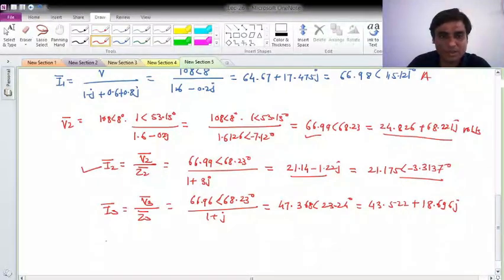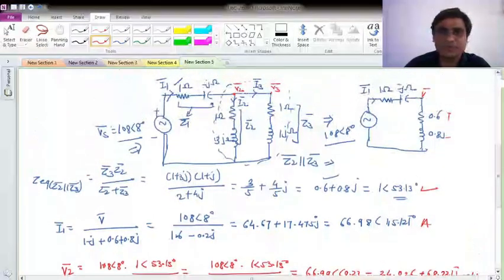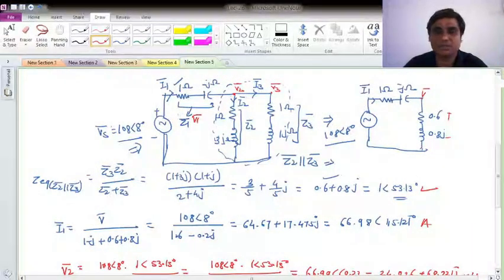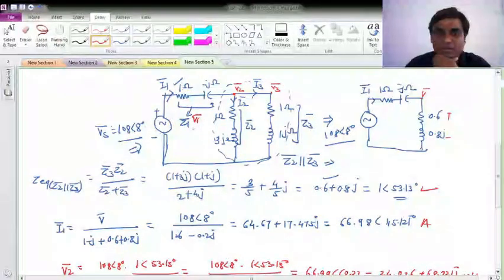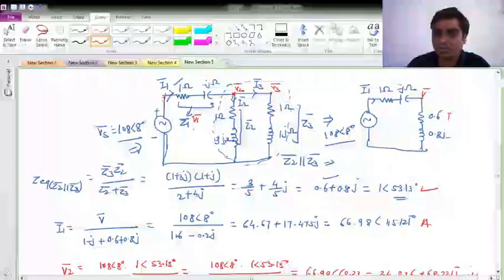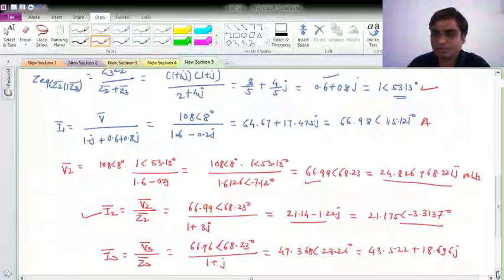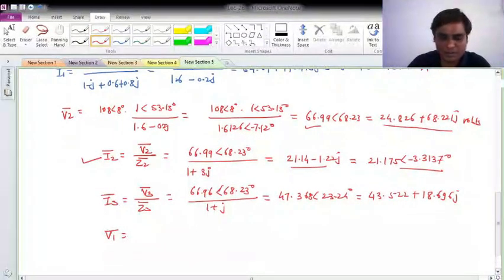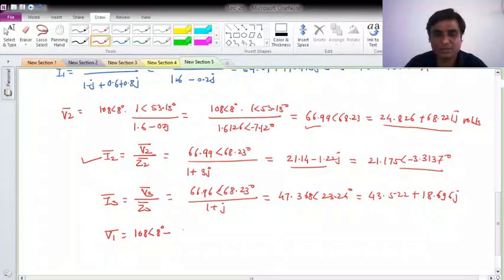Now the only thing that remains is V1 phasor. I know V2 and I know the supply voltage, so V1 can be computed as this minus this voltage. So V1 phasor will be the supply voltage 108 with angle 8 degrees minus V2 phasor, 66.96 with angle 68.23.